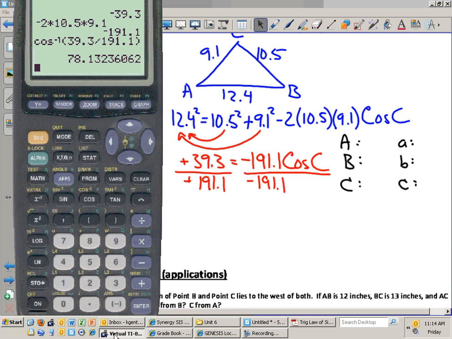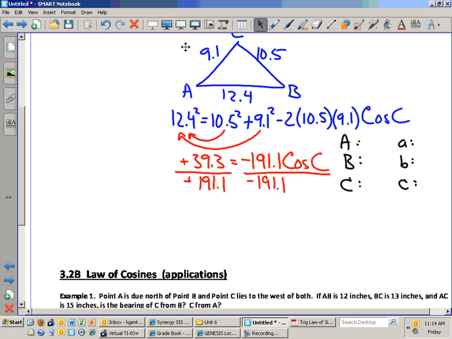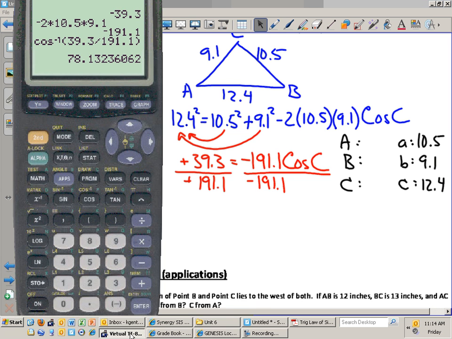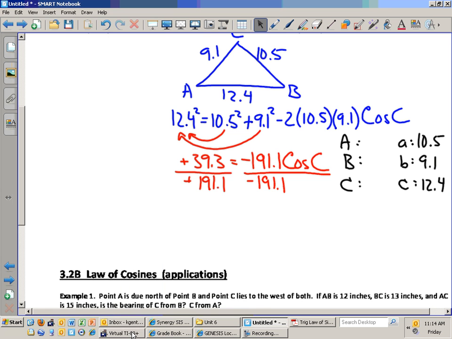I did it to save myself a step. So I have small a is equal to, we don't know yet, little b is equal to 9.1, little c is equal to 12.4, and angle C is equal to 78.13.